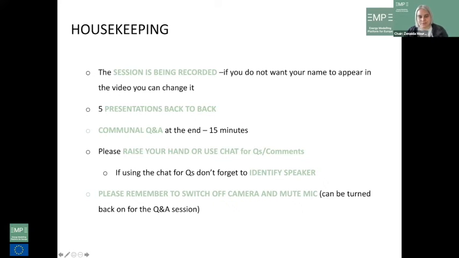It might be shorter, it might be a little bit longer, depending on the time that we spend in the presentations. To pose your questions or make any comments, you can raise your hand or use the chat. Raising your hand is mostly for the communal question and answers; during the rest of the time, you can use the chat. All of the speakers are aware of the chat, so they can interact directly with attendees.